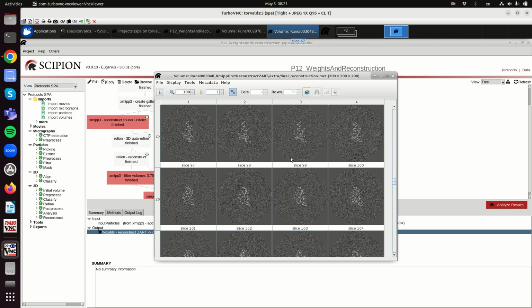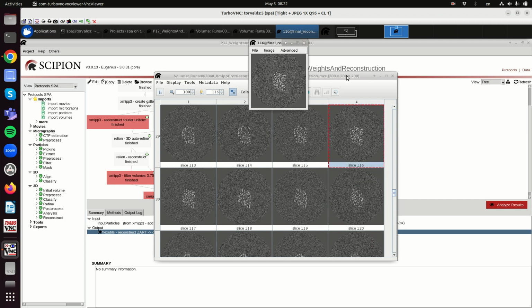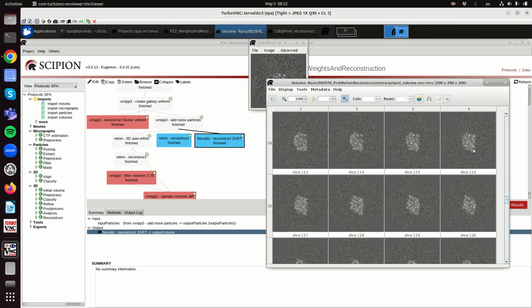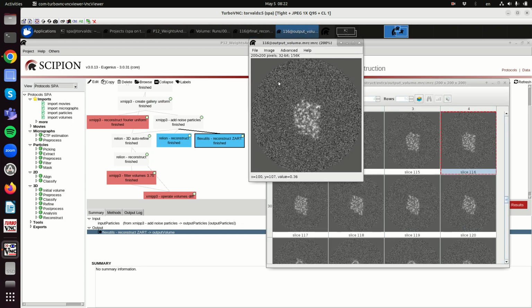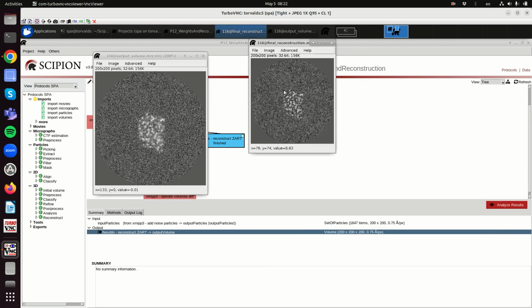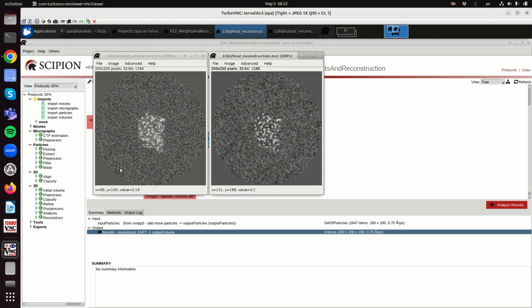But for instance, if we go to the same slice, so this is slice 116, you can see that there are big differences depending on what is the algorithm that you use for reconstruction. So the algorithm itself can induce quite a big change in the structure.